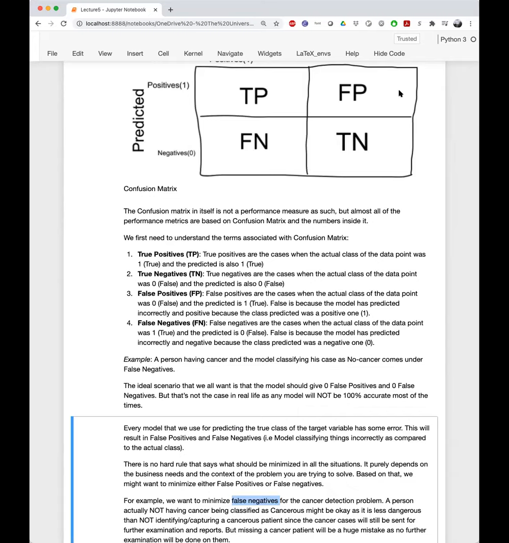The patient will go through further tests, and eventually it will be found that the patient has no cancer, and the alarm is removed. So false positive is really not a big deal compared to false negatives in this example.